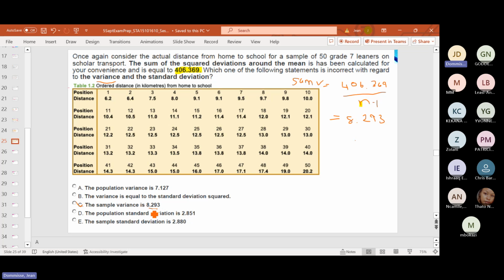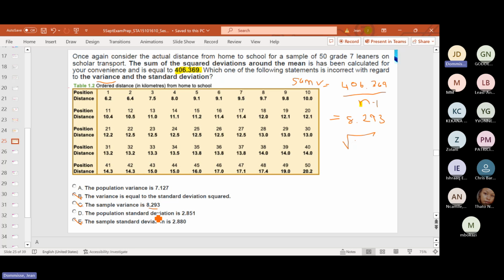So if you take that 8.239 and you take the square root of that, you will get the standard deviation. So that square root will give us the sample standard deviation of 2.880. So those two are correct. The other one that I say, the variance is equal to the standard deviation squared. Cool, that is also correct.